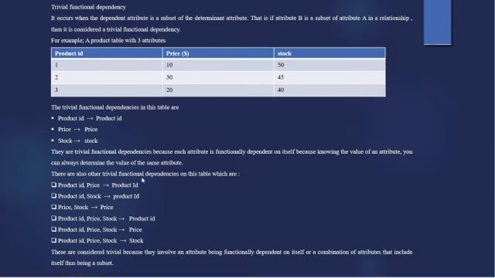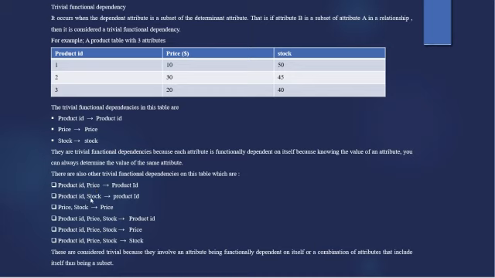There are also other trivial functional dependencies on this table. Remember, it's not only a single attribute, but it can be a group of attributes determining other attribute or attributes. So in this case, you can see that product ID and price determines product ID.